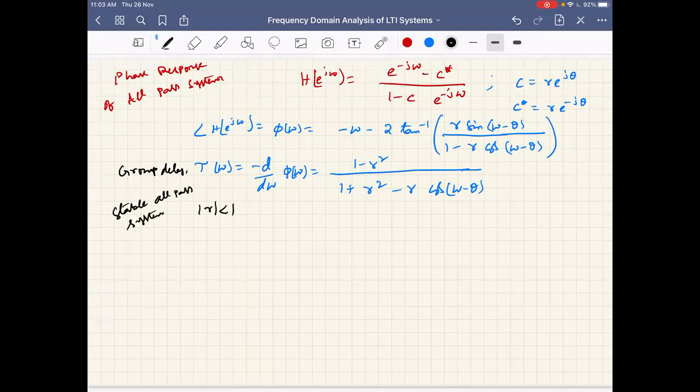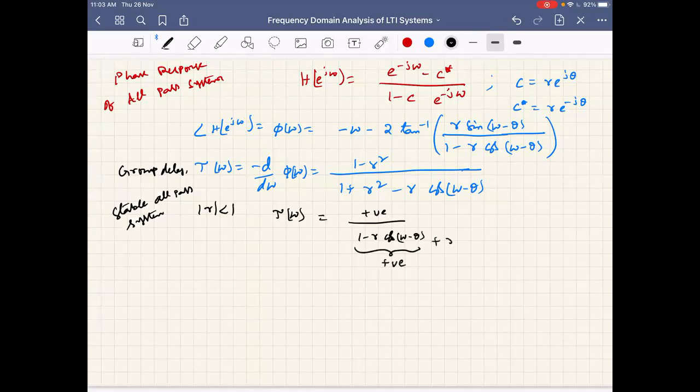Okay, so for this case, tau of omega, you can see that r is anyway less than 1, and hence the numerator is positive. Okay, what about the denominator? 1 plus r square minus 2r cos. Since r is less than 1, 1 minus r cos omega minus theta, whatever it may be, is positive.